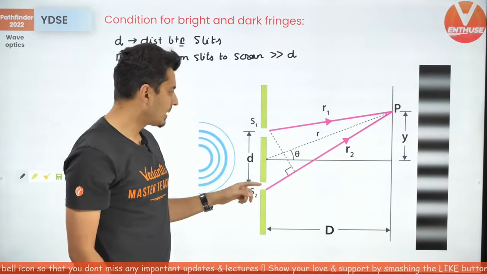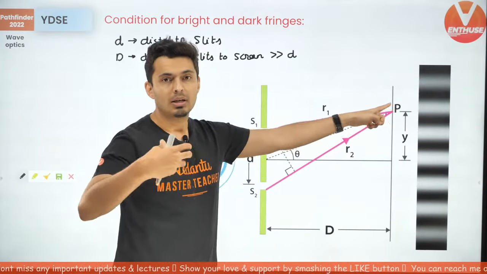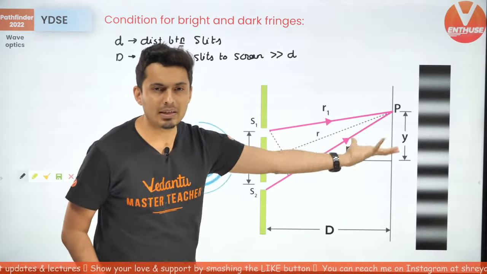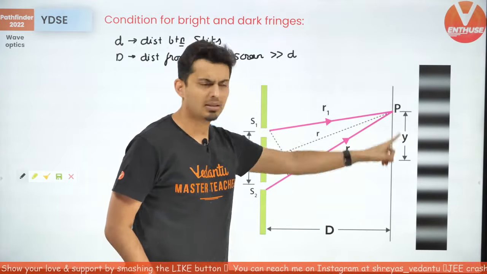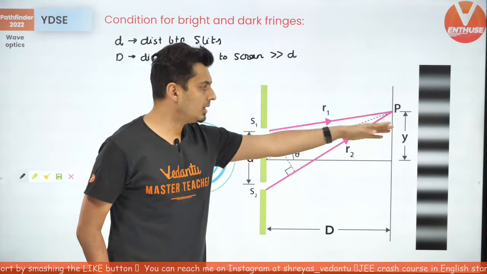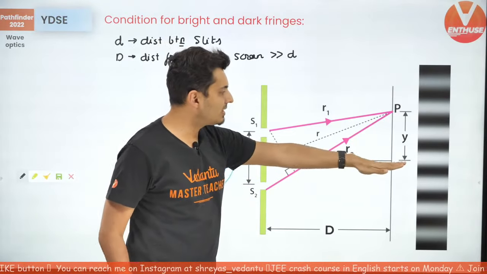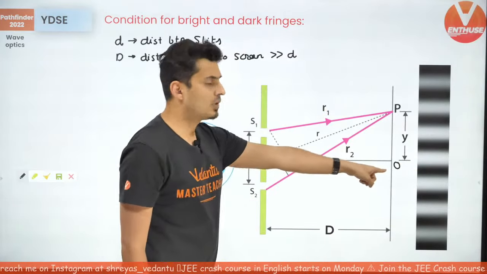Okay, next thing, from the midpoint, wherever you want to analyze what kind of interference is happening, that's the point P on the screen. So this is some point. That point P subtends an angle theta with the perpendicular bisector. So everything is measured with respect to the perpendicular bisector. This is generally associated with the origin.